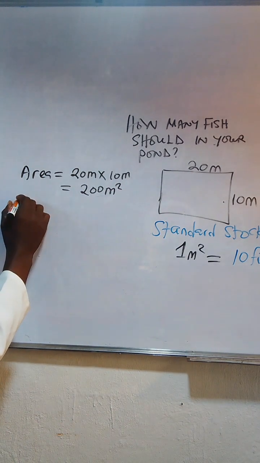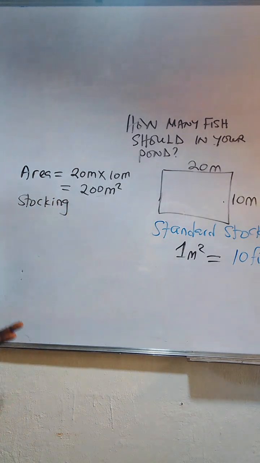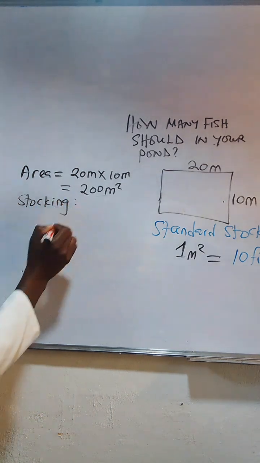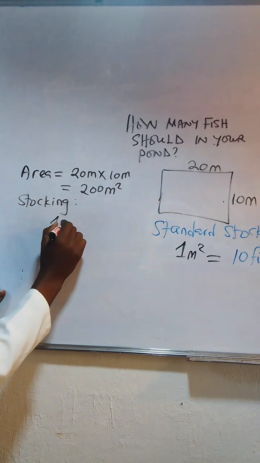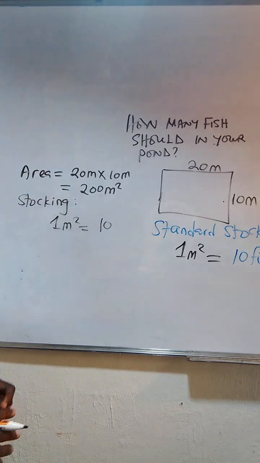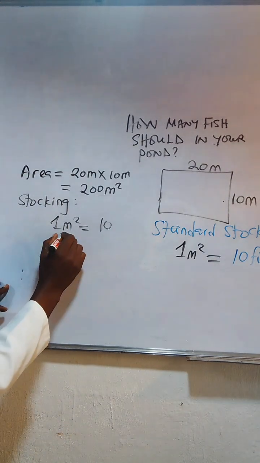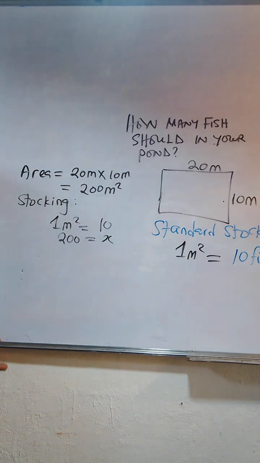And then now, stocking now is going to be, the total number of fish is going to be 1 meter square equals to 10. So we are saying now 10 fish per meter square. Now what about 200? Okay, so this is simple math.